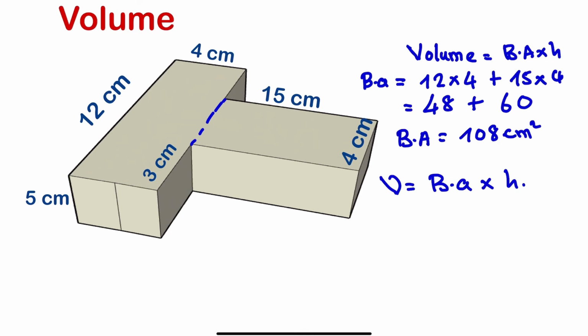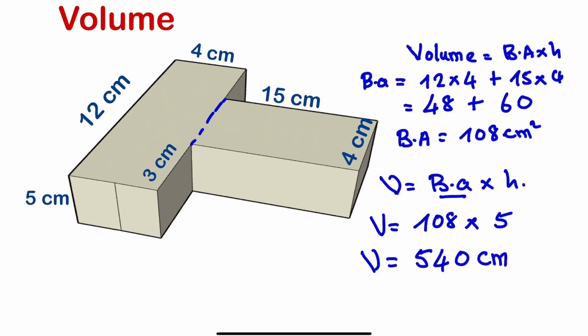So this implies our volume will be equal to the base area, which gave us 108, times the height. The height is 5. If we multiply this together, 108 times 5 will give us 540 centimeters cubed. So that's it.